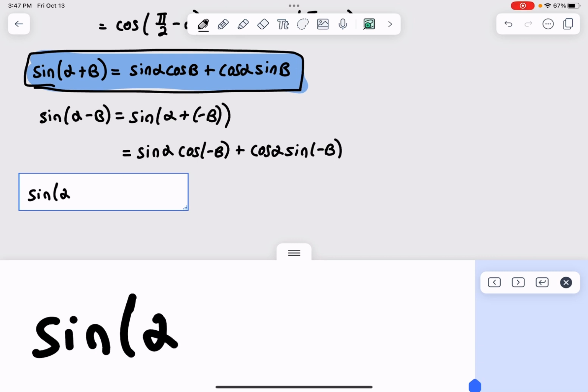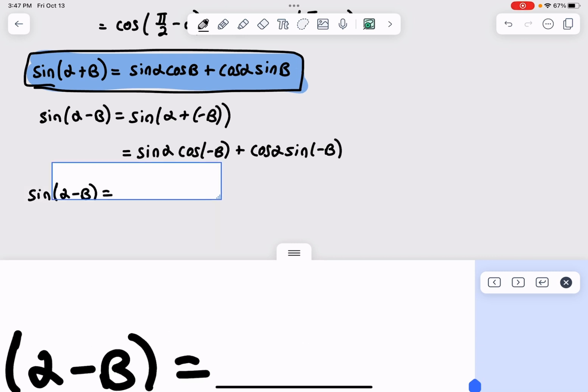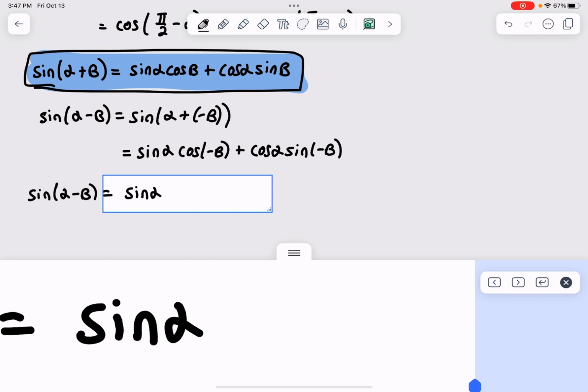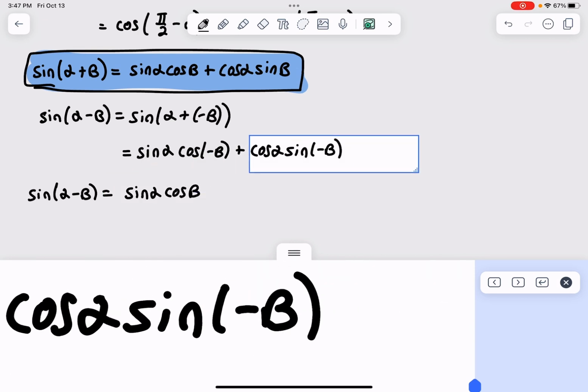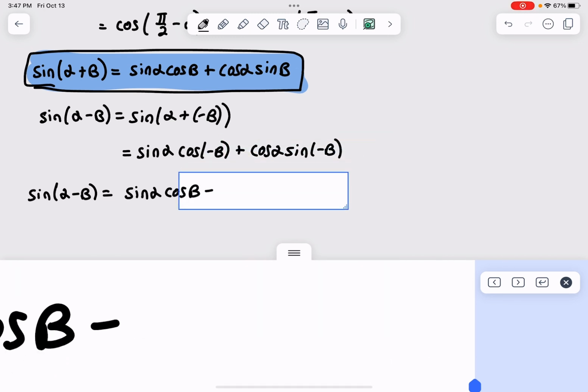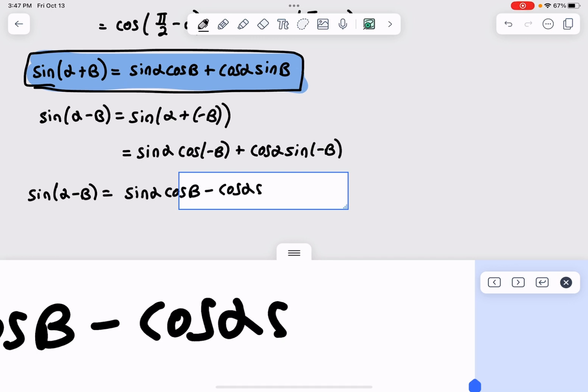And so we'll have sine alpha minus beta equals sine alpha cosine beta, because again, cosine of a negative is just cosine of that angle, dropping the negative sign. But sine of a negative beta becomes negative sine of beta, so that negative sign comes out front, and we get minus cosine alpha sine beta.